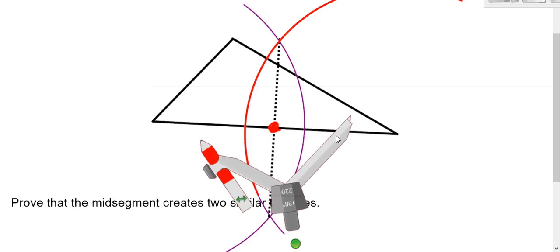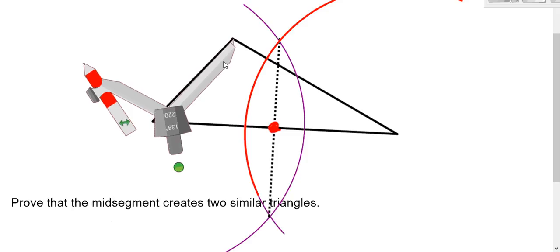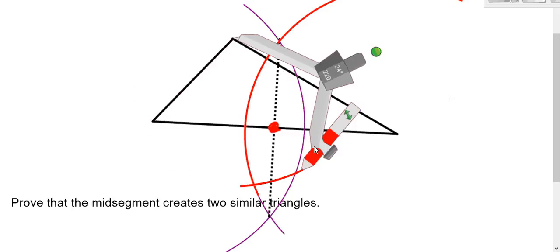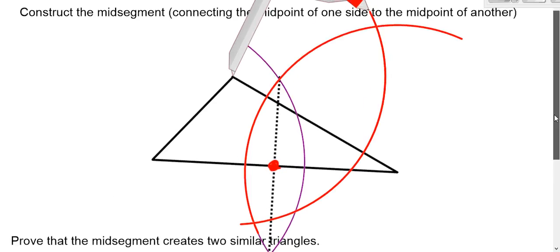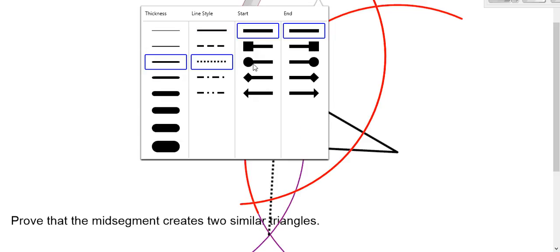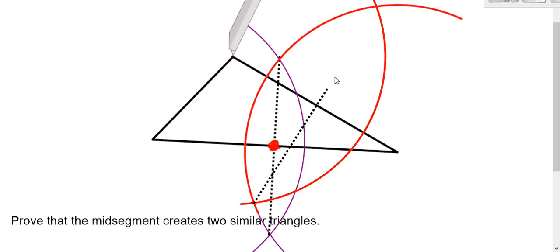And then move it to the other vertex for that side and draw another semicircle. So if you connect those two intersections, you have the midpoint.